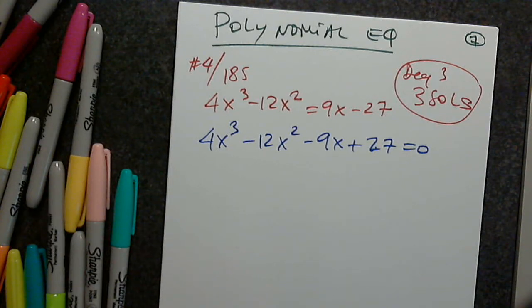Okay, so now, what type of polynomial is it? We know degree 3. We factored last time, all of them. We only know 3 types. We go back to the strategy.